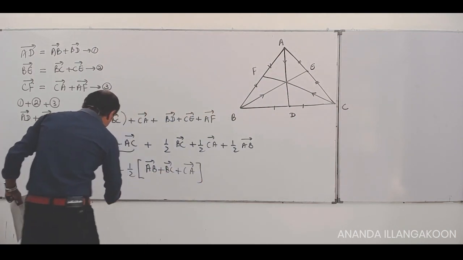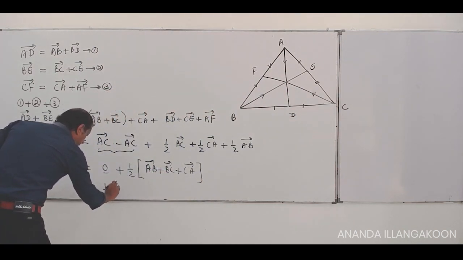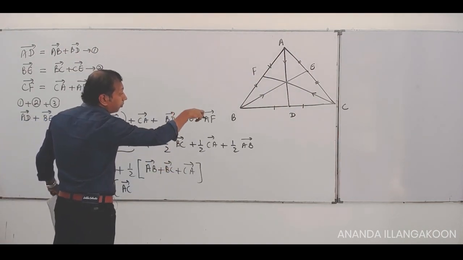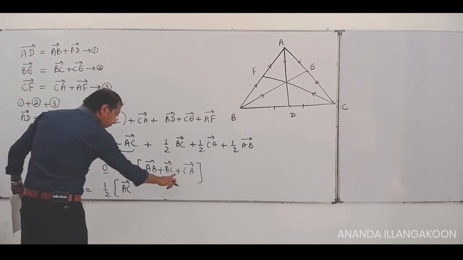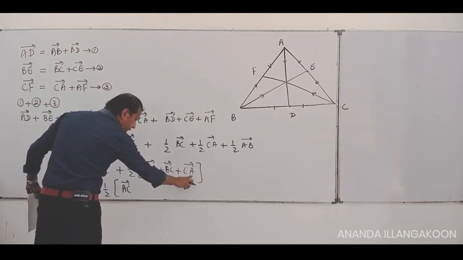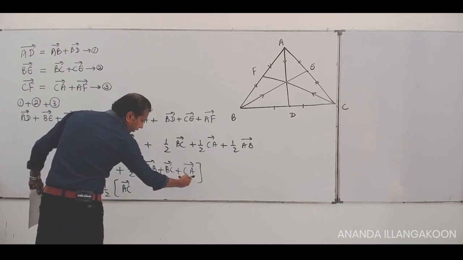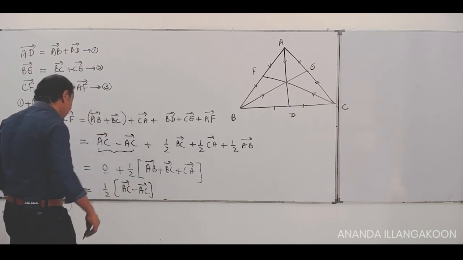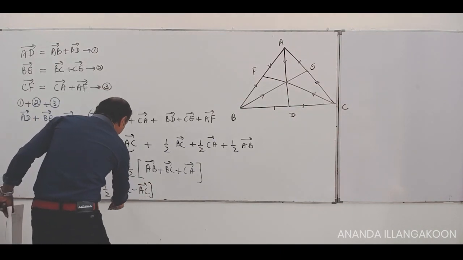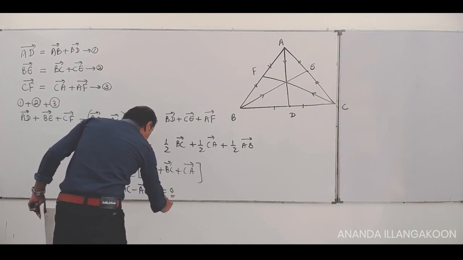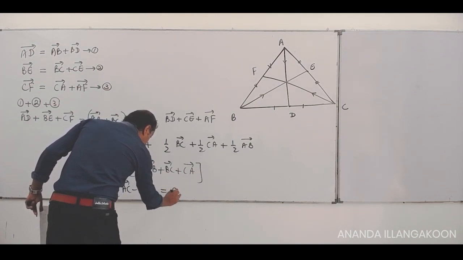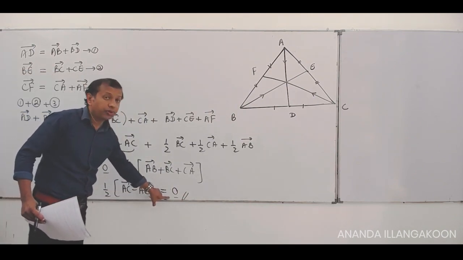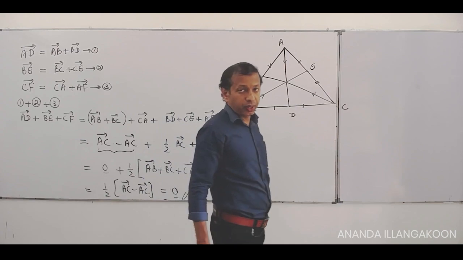This is half of AC. This one, taking the order the other way around, is minus AC. This is a null vector. Half into a null vector means null vector. That means this left hand side sum is equal to the 0 vector. This is how we take the terms.